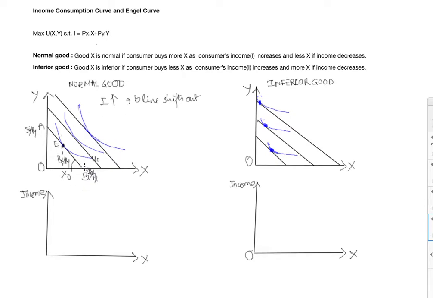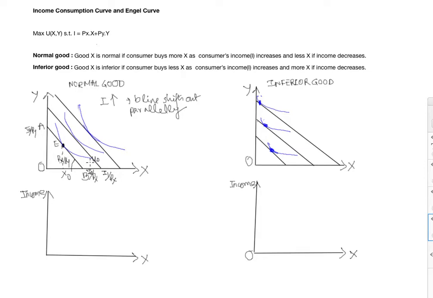As I increases to I1, we have a new budget line corresponding to this new income I1. Note that prices don't change. PX is the same, so there is no change in the slope. The budget line shifts out in a parallel way.